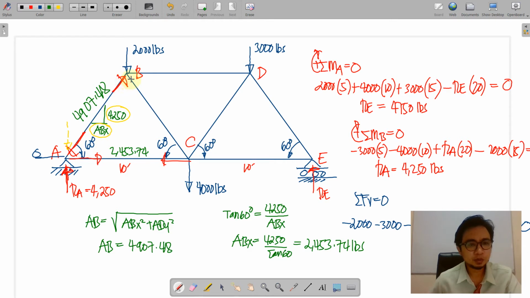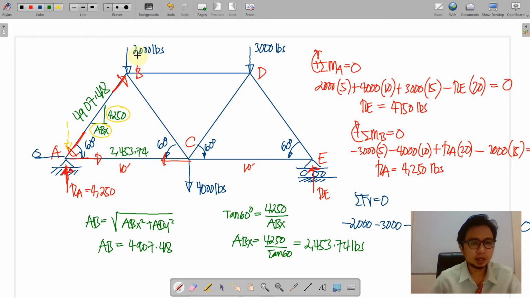So moving on, we proceed to joint B. As we can see, there are two diagonals and a horizontal member here. Basically, we want to ask ourselves what axis is most convenient if we're going to work with B. In this case, there are two force members along the Y axis.